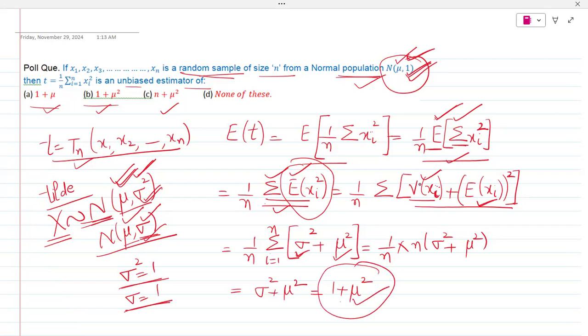So here, this T is an unbiased estimator of this parameter. And many results which I have used here, rather, I think almost every result which I have used here, are in the previous video.